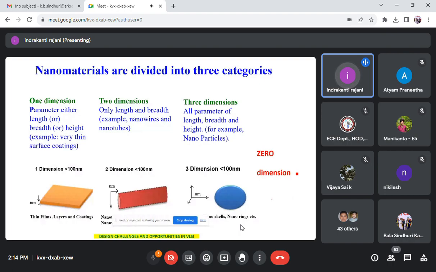These nanomaterials are divided into 4 dimensions: 0 dimension, 1 dimension, 2 dimensions, and 3 dimensions.